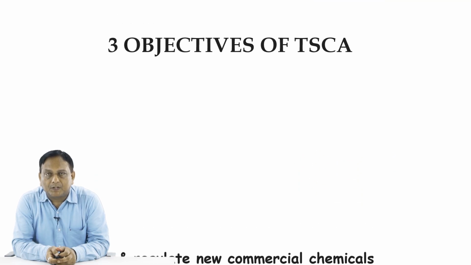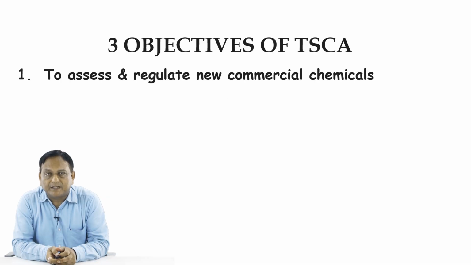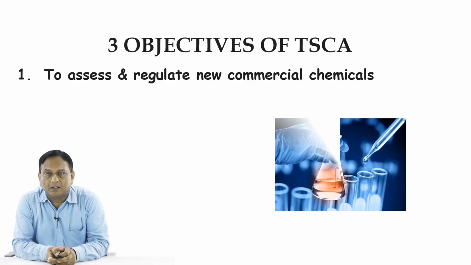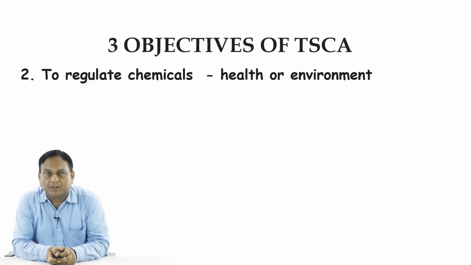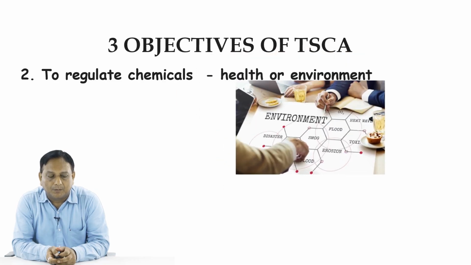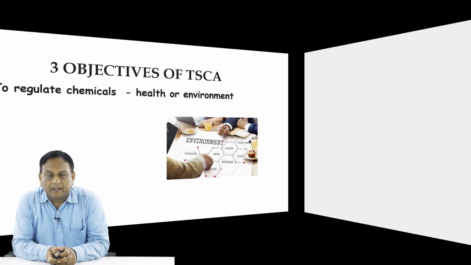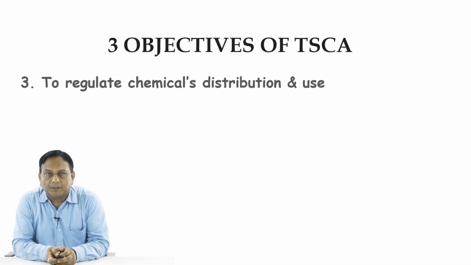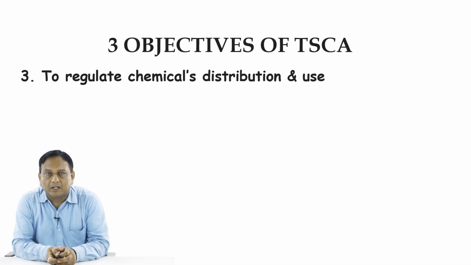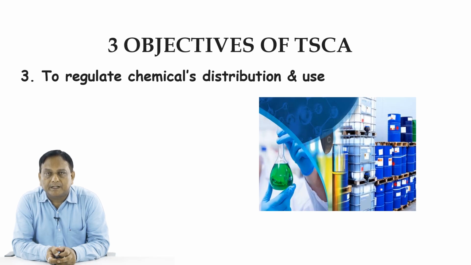Now, the three objectives of TSCA: first, to assess and regulate new commercial chemicals which are entering into the processes. Second, to regulate chemicals for health or environmental purposes. And the third one is chemical distribution and use. Those are the three objectives of TSCA.